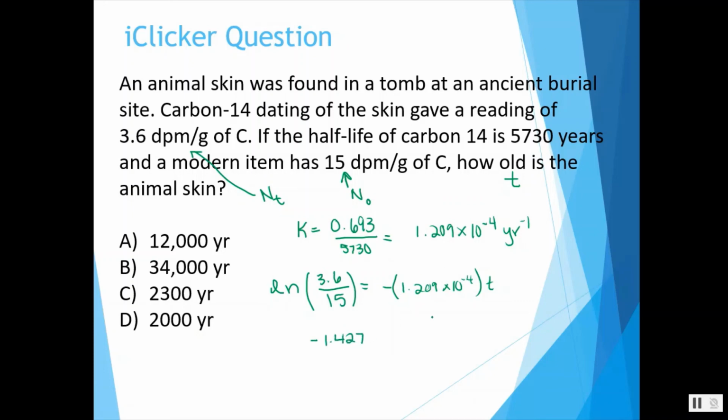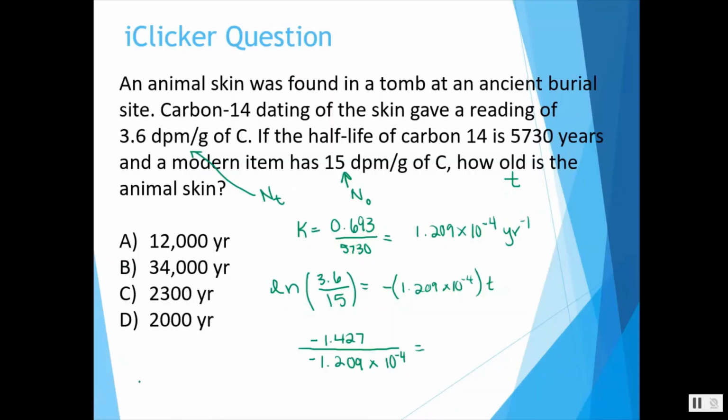Then we divide this by our rate constant, negative 1.209 times 10 to the minus fourth, and what we get is that T is going to be equal to 11,804 years.